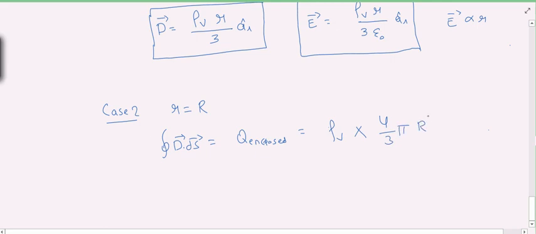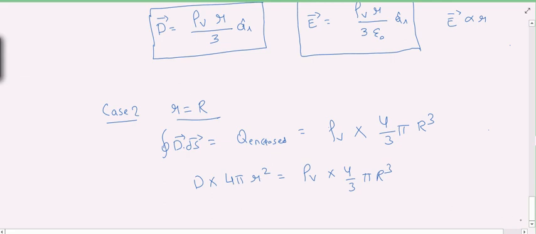that is 4/3 pi R cube. And if I solve this, it becomes D, and the integral of dS is the surface area of the sphere, which is 4 pi R square. Here rho v into 4/3 pi R cube, and as small r is equal to capital R, I can replace r by capital R and cancel these powers.